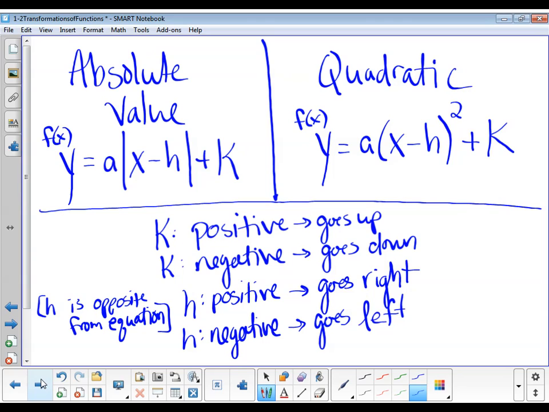So if, for example, you had an h of a positive 4, in the absolute value equation, it would look like x minus 4, because there is, again, a subtraction in the equation. So you just have to be really careful with the h's, because the actual h values are going to look opposite than they do in the equation. And we're going to do a little bit of practice with that on the next slide. And notice I did put the caveat, h is opposite from the equation out in front.